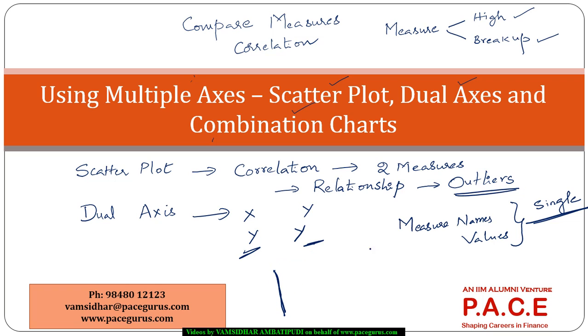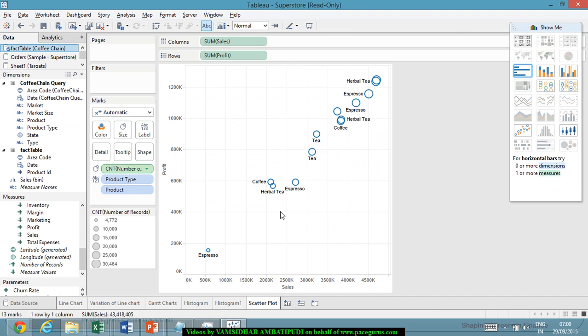If one y-axis is here, the other y-axis is here. This is what is coming as a dual axis, right? So we are using the two axes opposite to each other with a common flat plane. So that is what we are trying to drive using this dual axis kind of example.